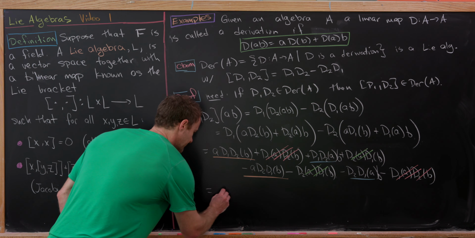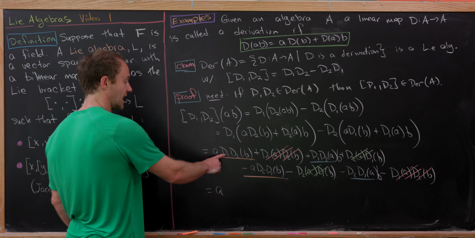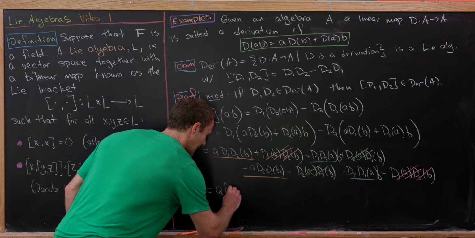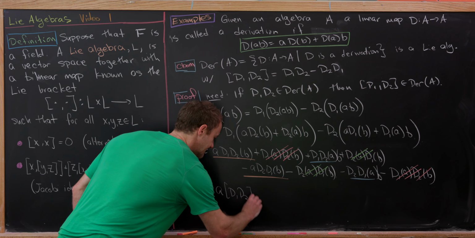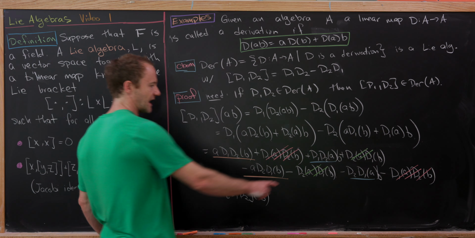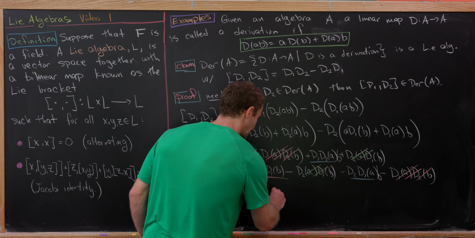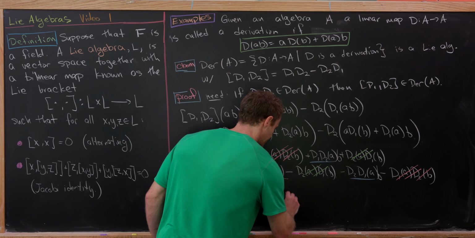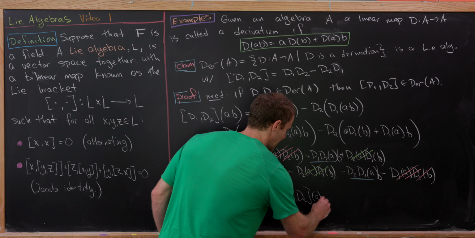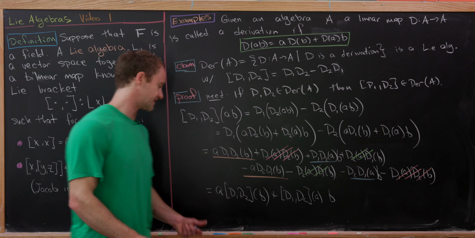So that'll leave us with A times d1 d2B minus d2 d1B. But notice that's exactly d1 bracket d2 evaluated at B. And then factoring a B out of the right, we get exactly what we want. So we'll have the bracket of d1 d2 operated on A times B for essentially the same reason.